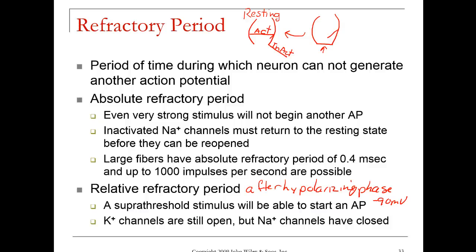So it takes a suprathreshold stimulus, a really strong stimulus, to be able to start an action potential. So the potassium channels are still open, the sodium channels have closed, they've reset. You can re-stimulate it now. If those sodium channels have reset, you can re-stimulate it, but you're going to have to overcome this hyperpolarizing phase.